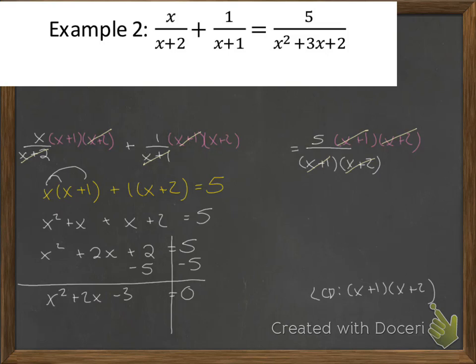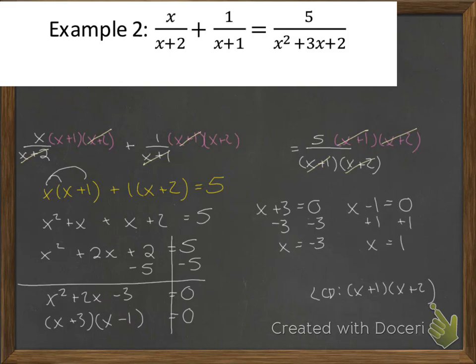Now I have another trinomial that I can factor. So this is going to be x plus 3 times the quantity x minus 1 is equal to 0. Last but not least, I have two solutions: either x plus 3 equals 0 or x minus 1 is equal to 0. So I'm going to subtract 3 from both sides. I get either x equals negative 3, or over here I have x is equal to positive 1.